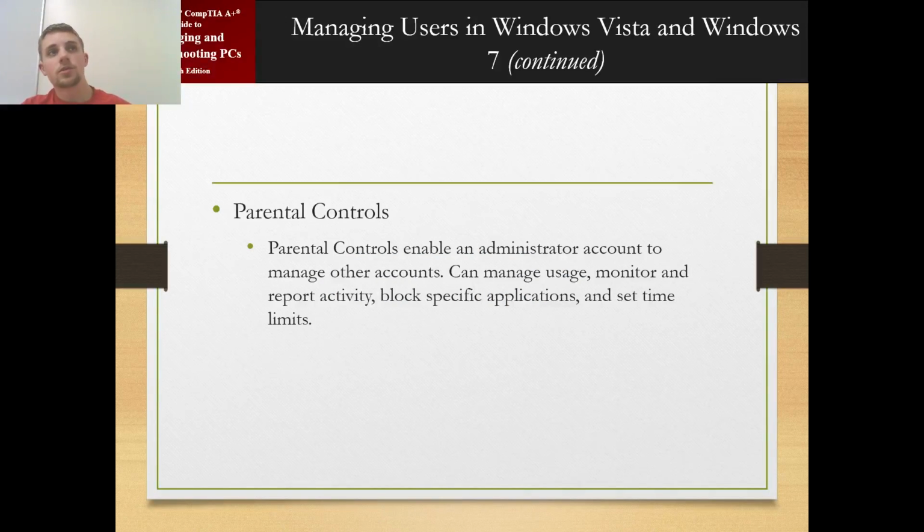So parental controls allows the administrator to control other accounts, such as blocking applications, blocking the time that the computer can be accessed, and how much time per day can be used. So if you don't do time restrictions, you could do like, I don't know, maybe 2 hours a day or whatever. If it's a PC that's strictly used for games, you could do that.